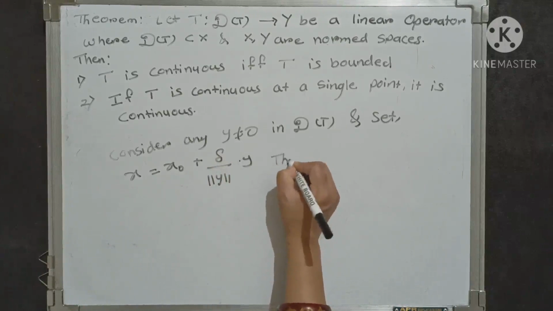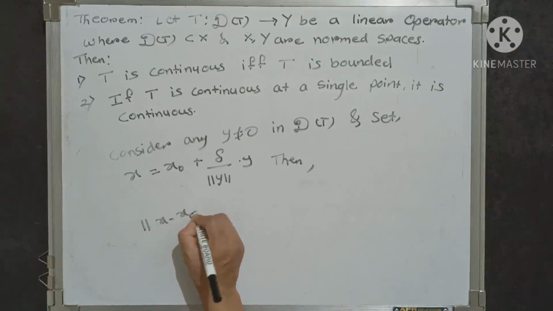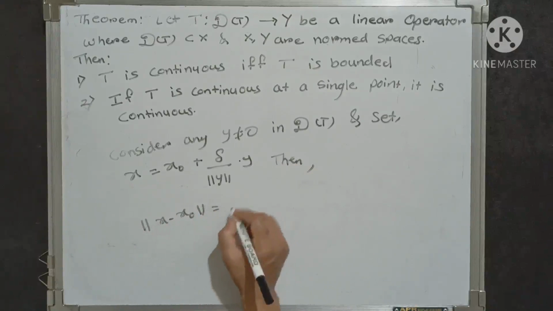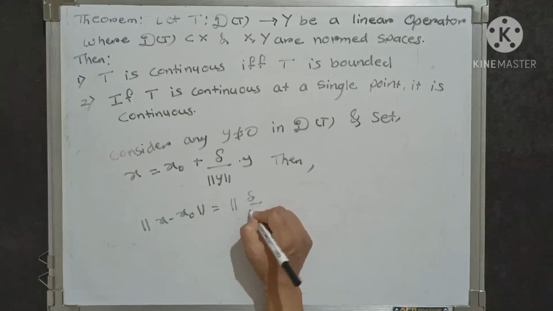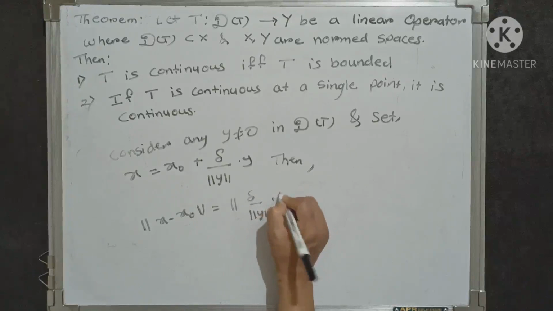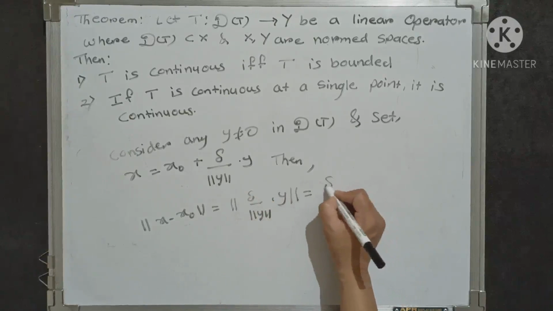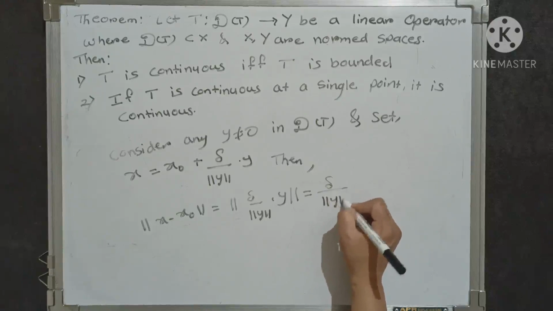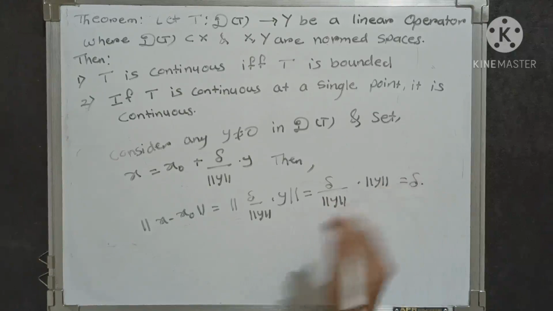Then norm of x minus x naught equals the norm of delta divided by norm of y into y. But it is a scalar, and therefore we get delta divided by norm of y into norm of y, and that equals delta.